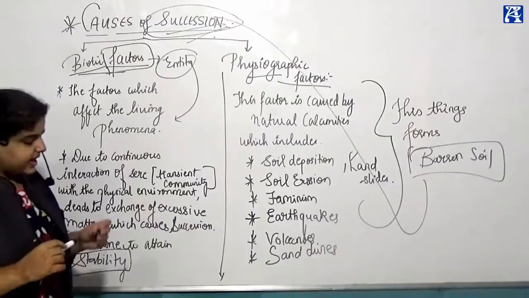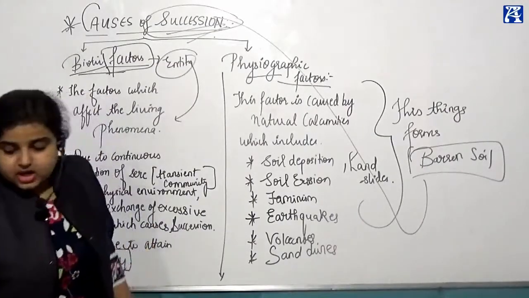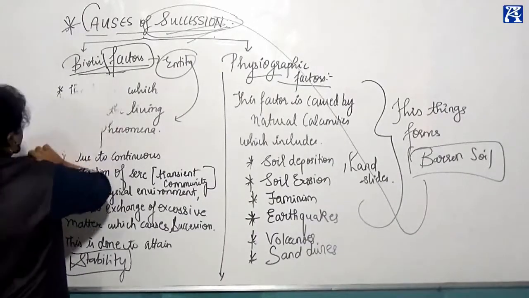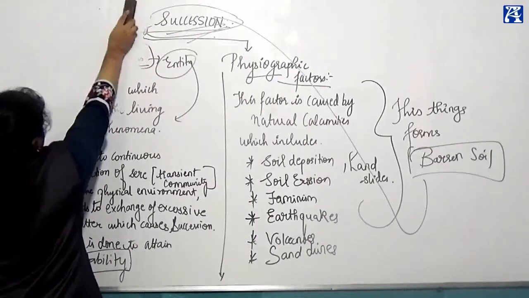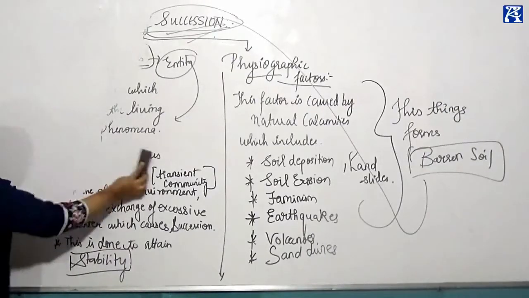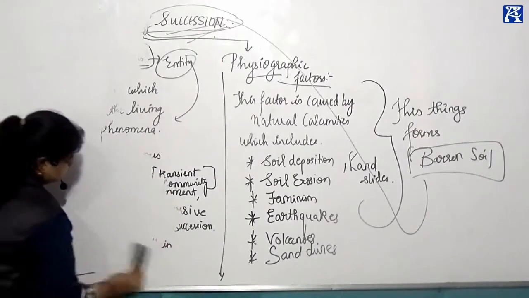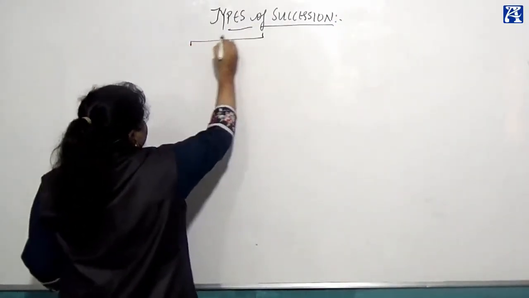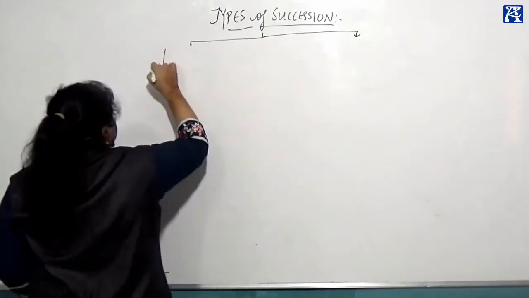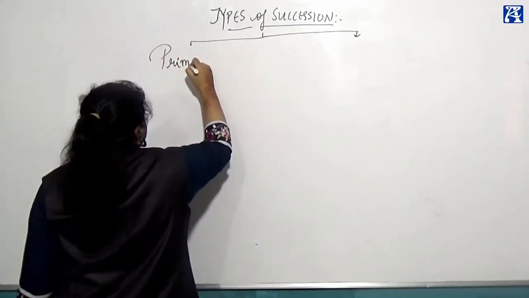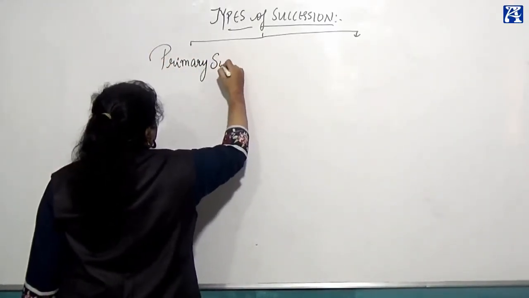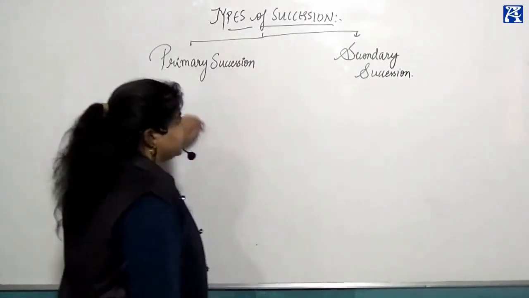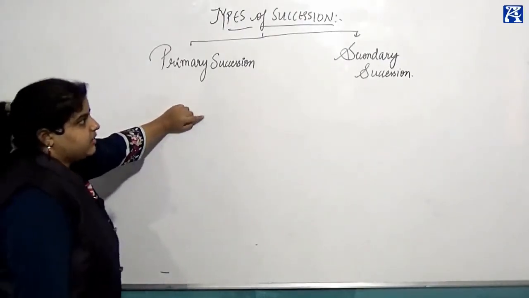Now we are going to see the types of succession. Next heading, types of succession. Types of succession involve basically two types: primary succession and secondary succession.